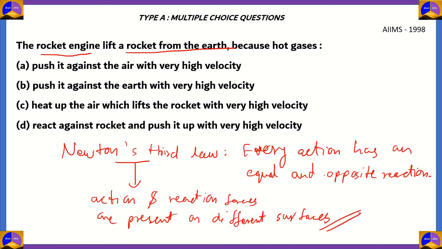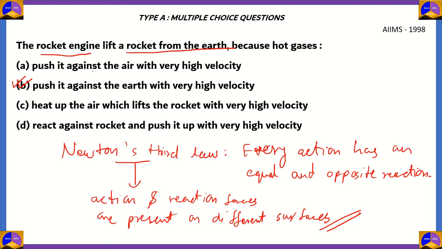So therefore, option B can be given as the correct option, because over here the hot gases push on the earth and the earth pushes against the hot gases, so therefore that enables Newton's third law of motion to work, and therefore option B gives us the right option.